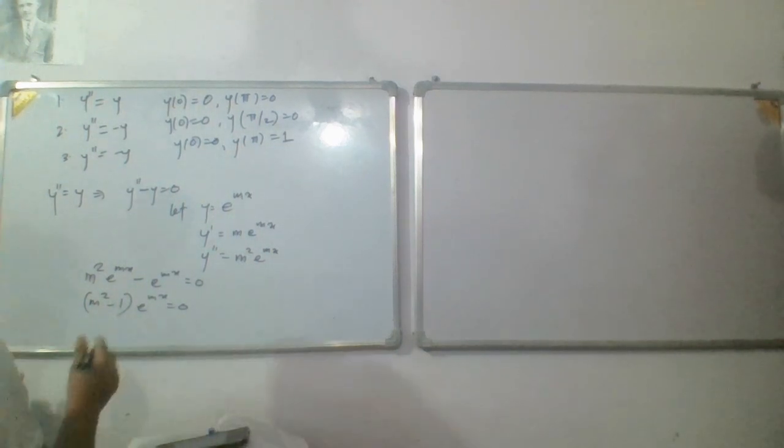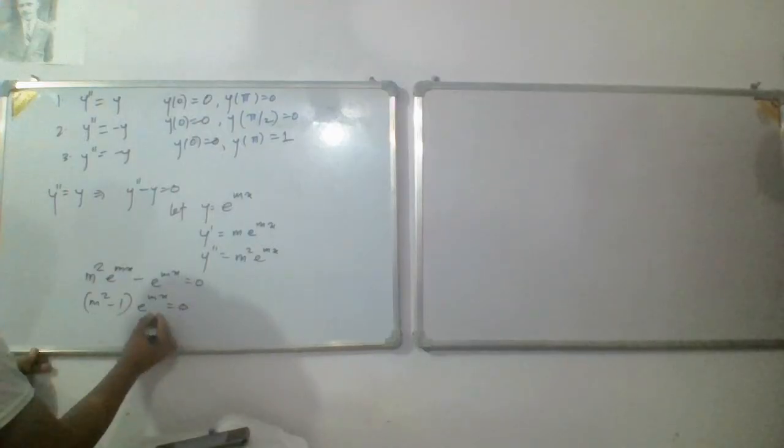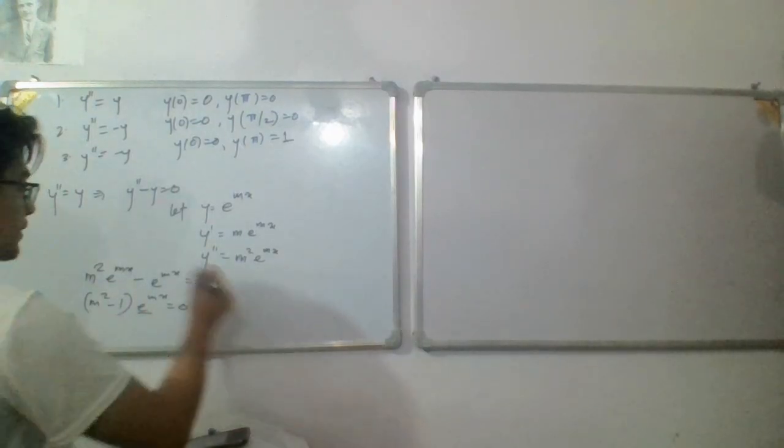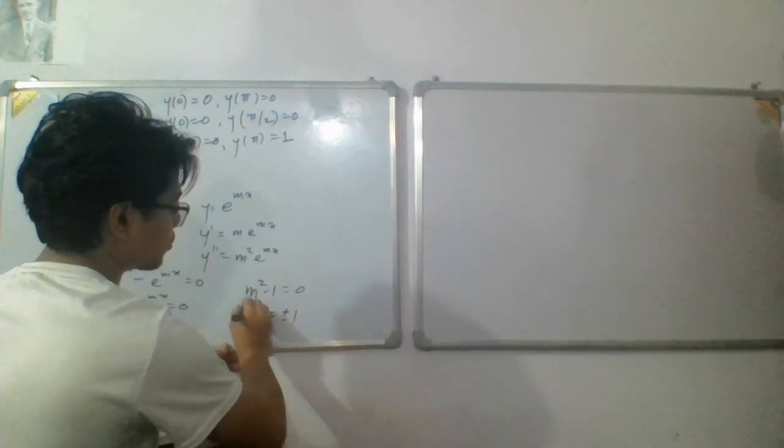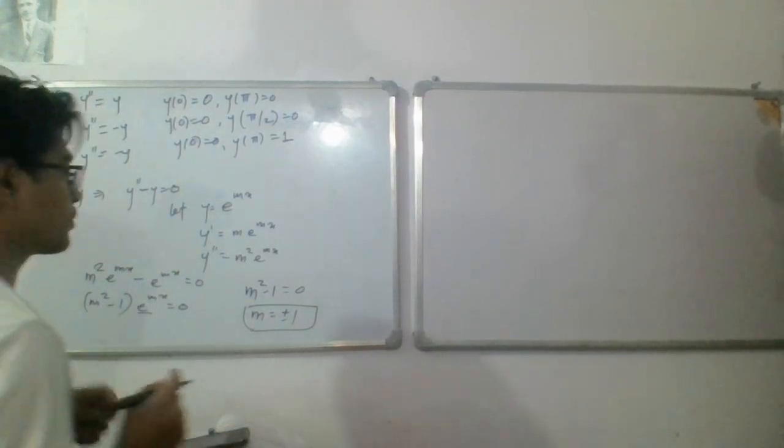Now, e to the power mx cannot be 0, so the other factor must be 0. That means m squared minus 1 equals 0, which gives us the solutions m equals plus minus 1.